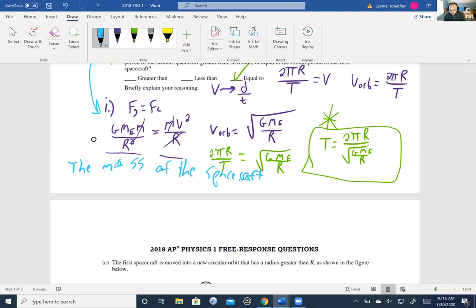I can't write it all towards the bottom here. This looks like a third grader's handwriting. The mass of the spacecraft does not affect the orbital period.